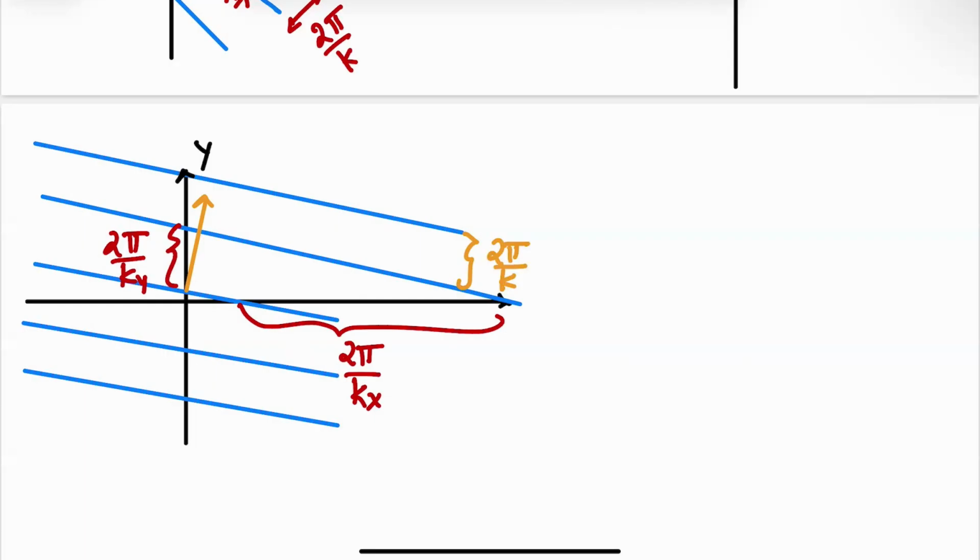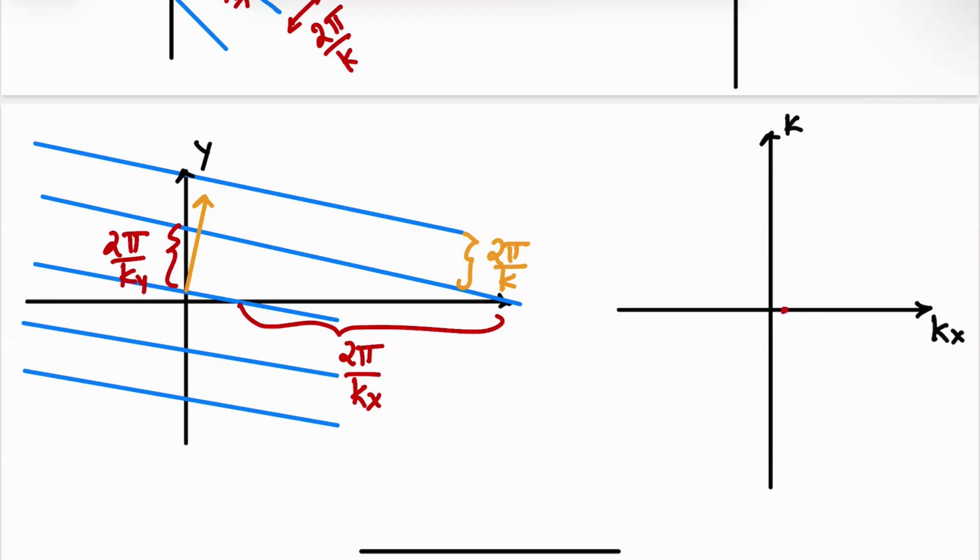So now if I plot this in k space, what does it look like? There are two ways to do it. We know the direction of propagation and we know the length of k, so we can directly draw the k vector. But instead, let's do it with kx and ky. So kx must be very small for 2 pi by kx to be large. Right? So my kx is somewhere here. This axis is kx, this axis is ky.